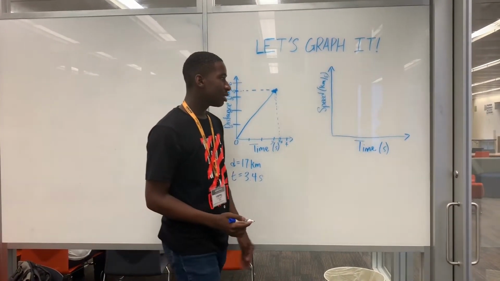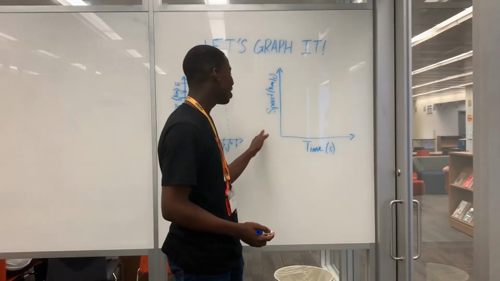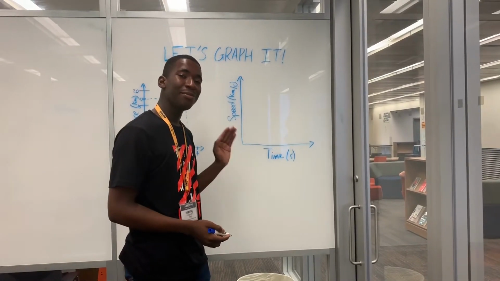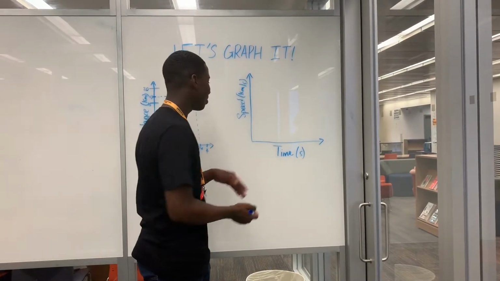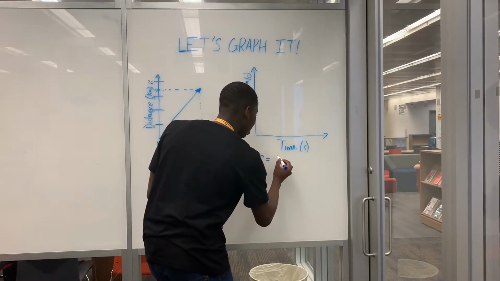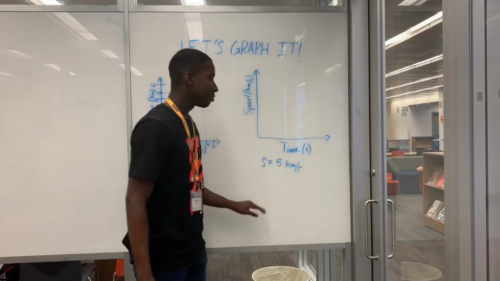Now let's go to the speed graph. The problem told us that it traveled at a constant speed of 5 meters per second. So the speed was 5 kilometers per second, right?